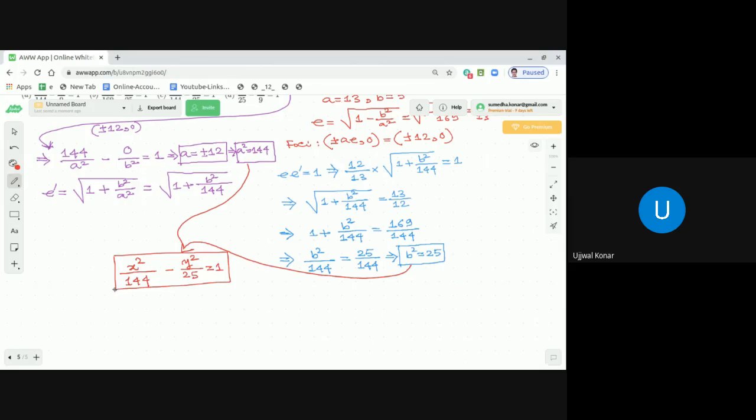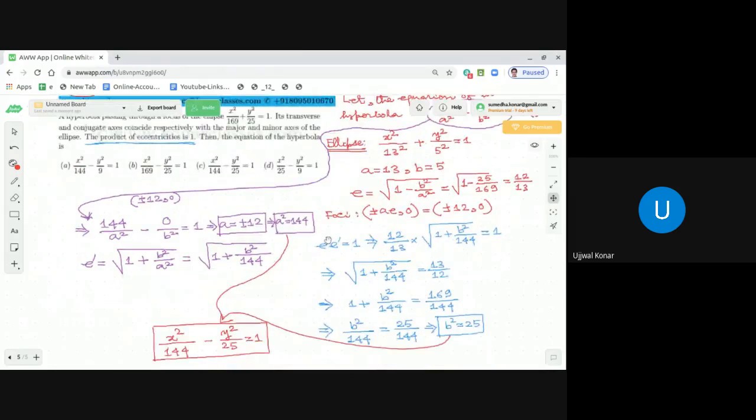And eventually, if we look into the given options, dear students, out of these 5 options, we see that option C is the correct one.